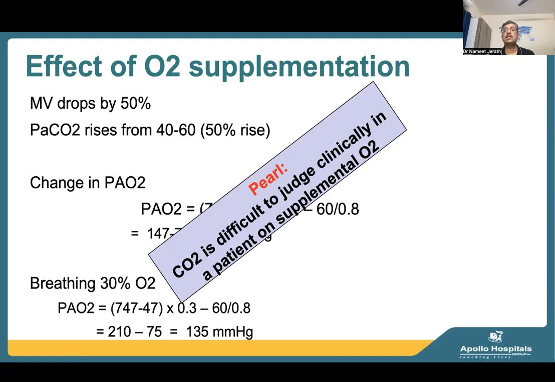But if the child is even on minimal oxygen supplementation, CO2 is very difficult to judge clinically, and you would need a blood gas to understand what the carbon dioxide levels are. So this child that we were discussing, who has now worsened, is on oxygen but maintaining normal saturation, does need a blood gas to find out the carbon dioxide status of the child.